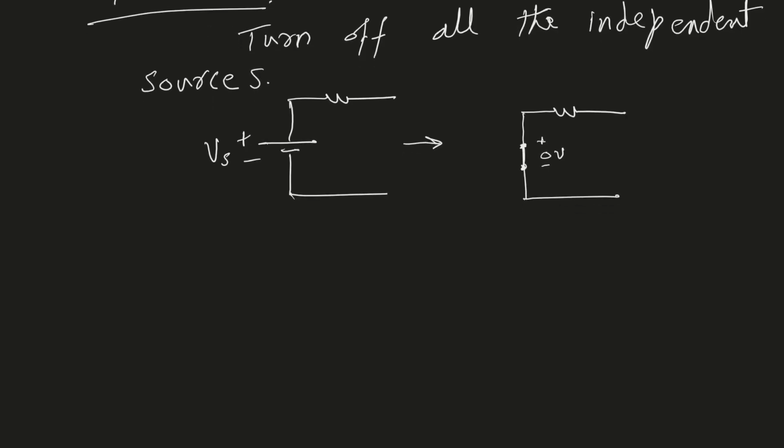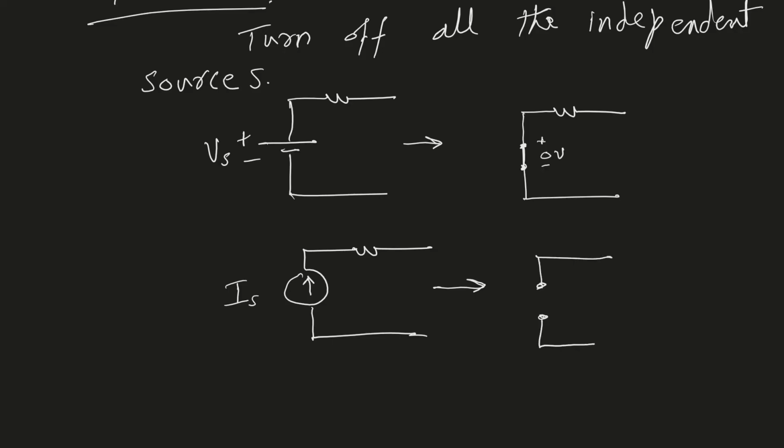For a current source, if, for example, I have a current source like this, and I have a certain amount of current that is flowing in the upward direction or downward direction. To turn off this source, we will replace it with an open circuit. So this would look like this situation.